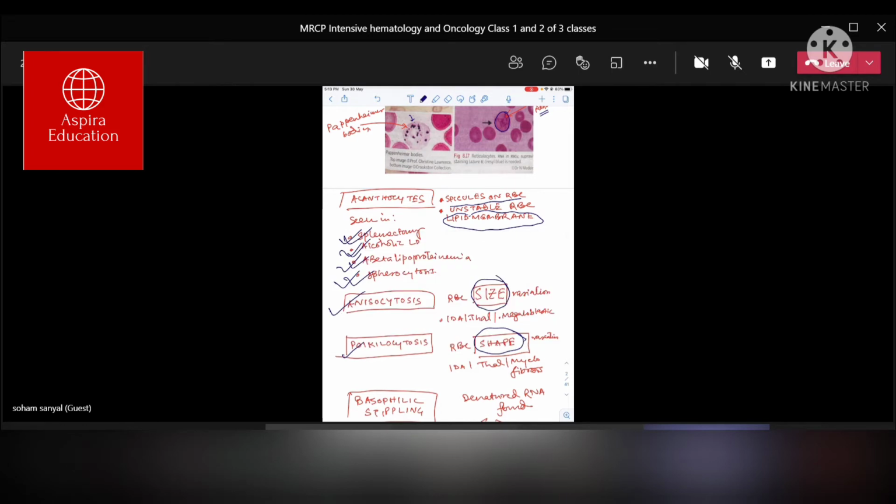Poikilocytosis is P for shape, so shape variation. Mostly they go hand in hand, and in iron deficiency anemia and thalassemia, anisocytosis and poikilocytosis are mostly seen. However, in megaloblastic anemia or dimorphic anemia, anisocytosis is seen, whereas poikilocytosis is more common in myelofibrosis because bone marrow is dysfunctional in those cases.